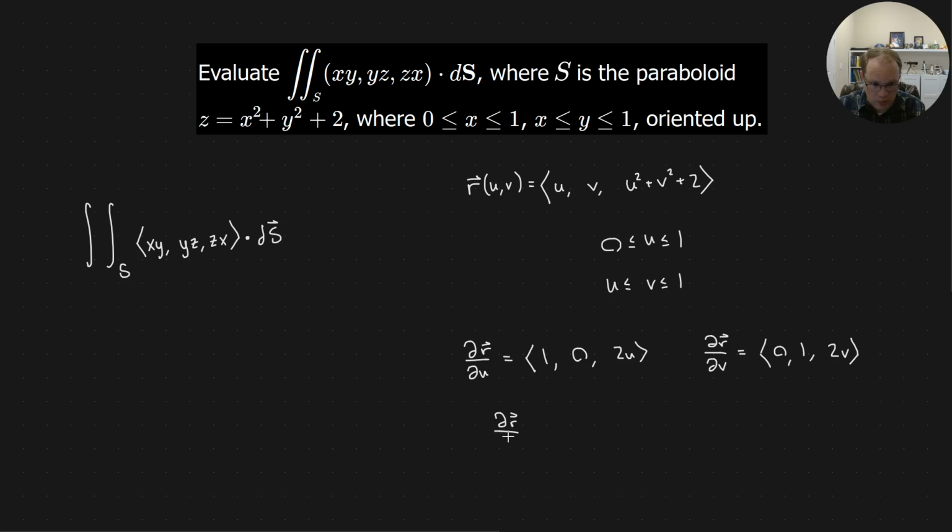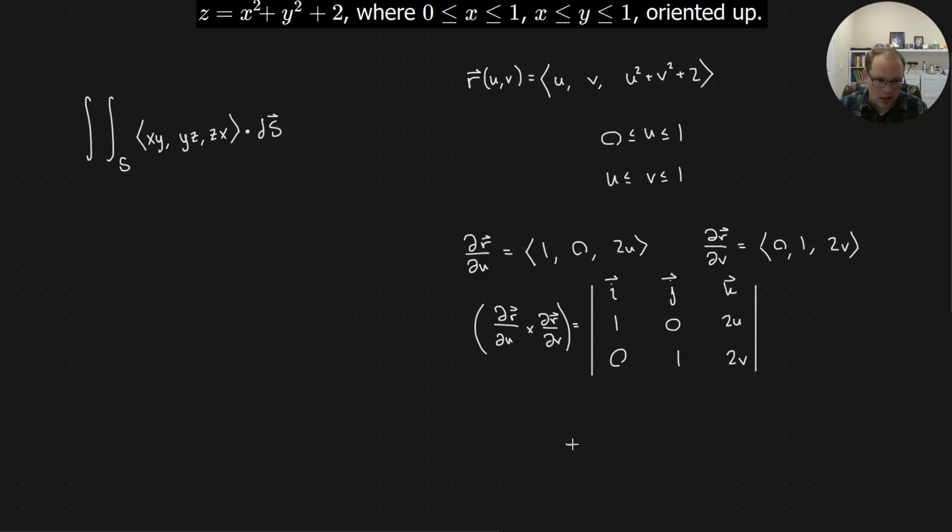The cross product of these two is i, j, k, 1, 0, 2u, 0, 1, 2v.